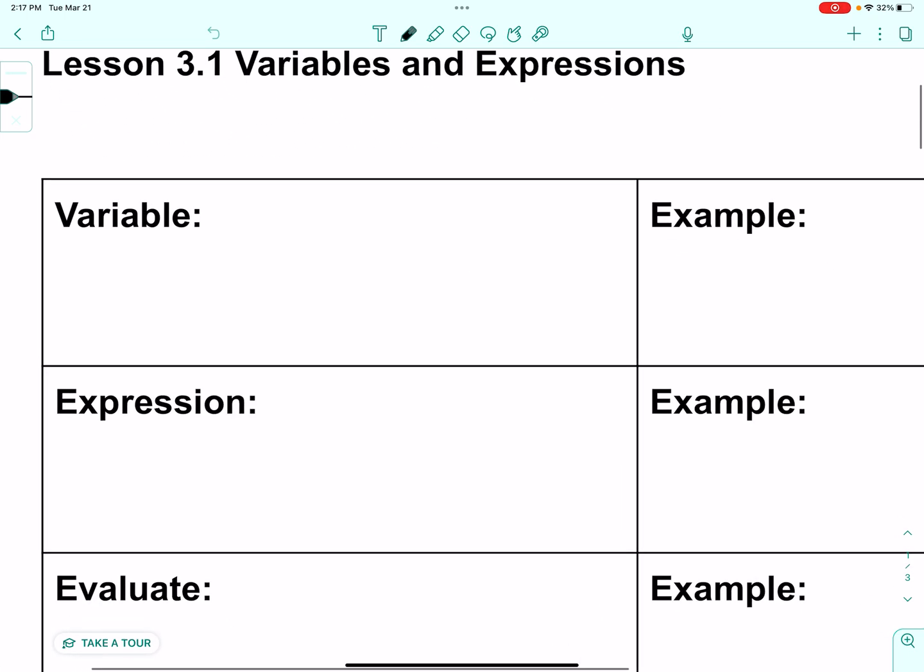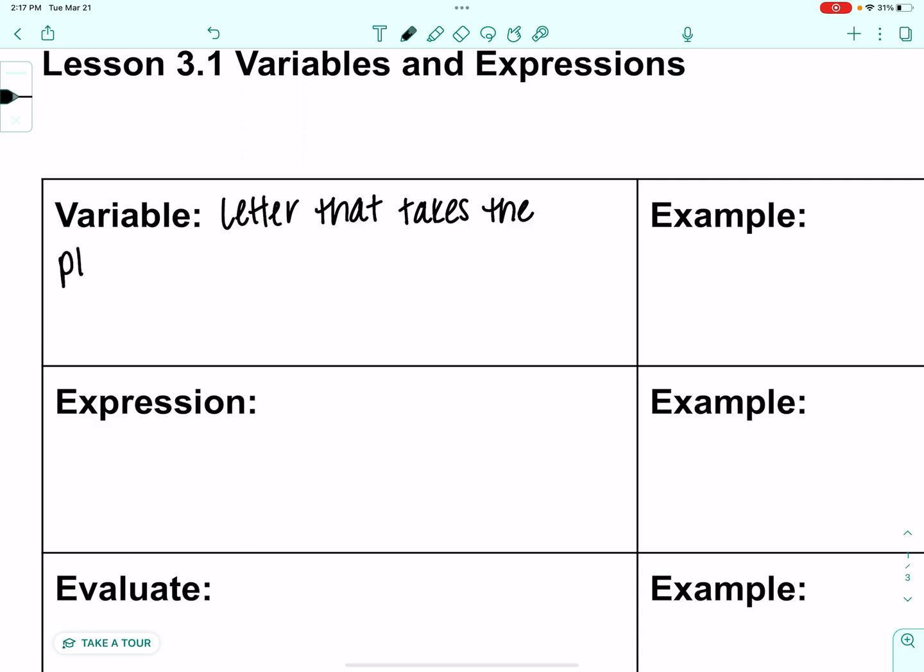When we talk about variables, we are talking about a letter that takes the place of a number.